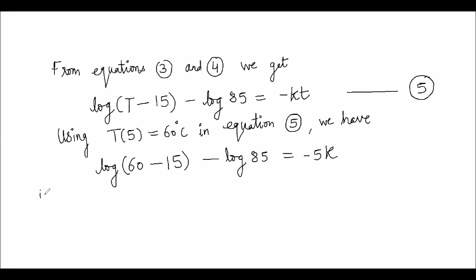That is, log 45 minus log 85 equal to minus 5K.